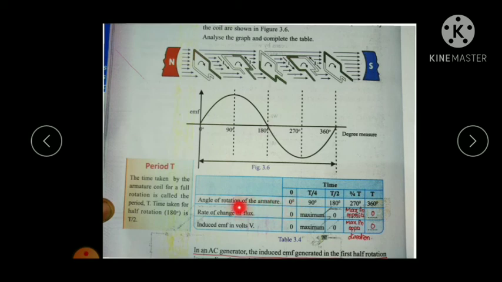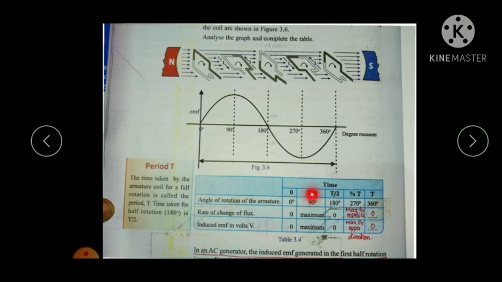When the angle of rotation of the armature is 0 degree, that is the initial stage, the rate of change of flux in this case is 0, because there is no EMF, hence it is taken as 0, and induced EMF in this stage is also 0.